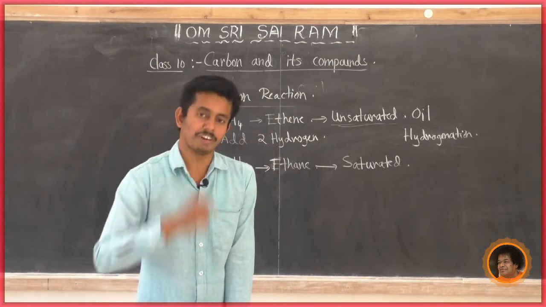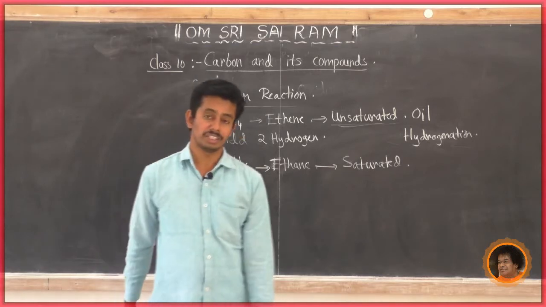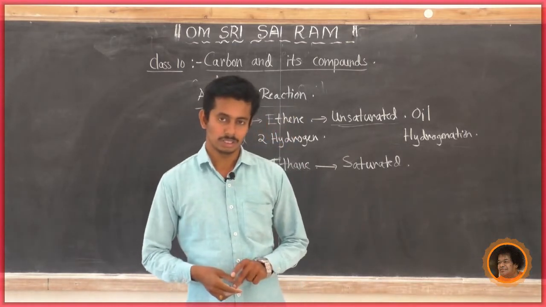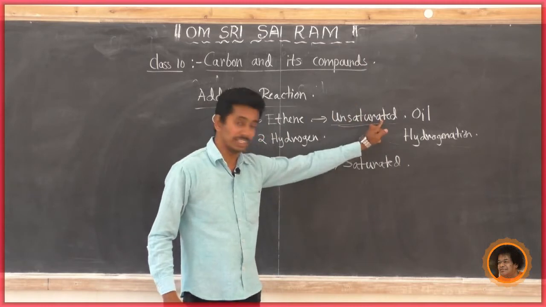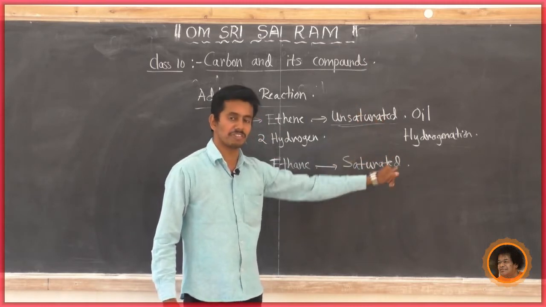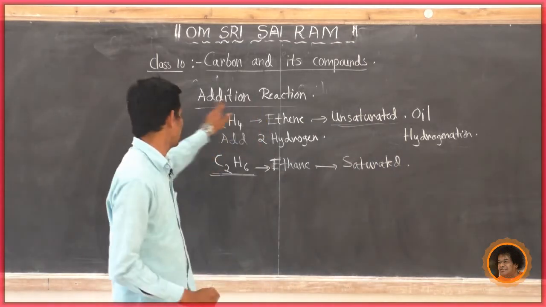One example for saturated fat is vanaspati, dalda. That oil is hydrogenated, converted into saturated fat. So it is not good for health. But this is also an example for addition reactions.